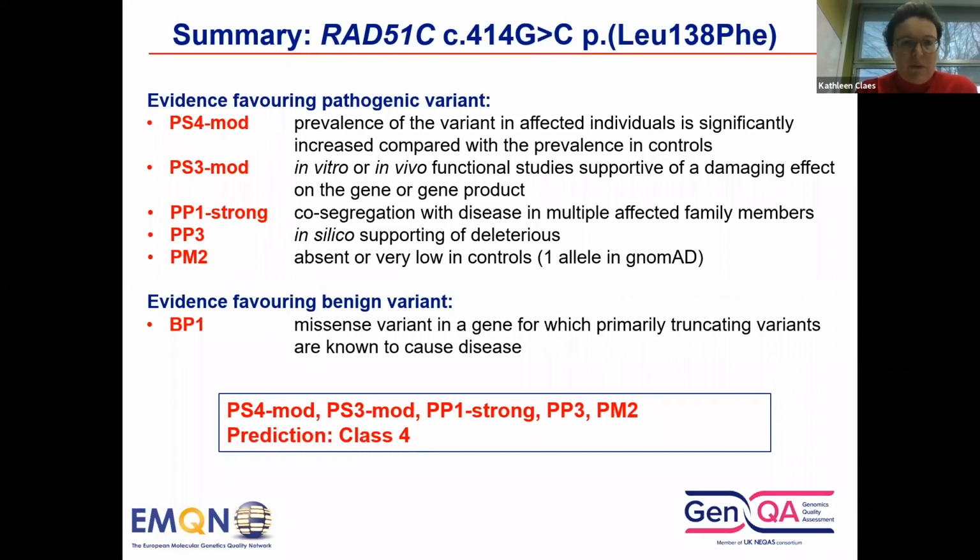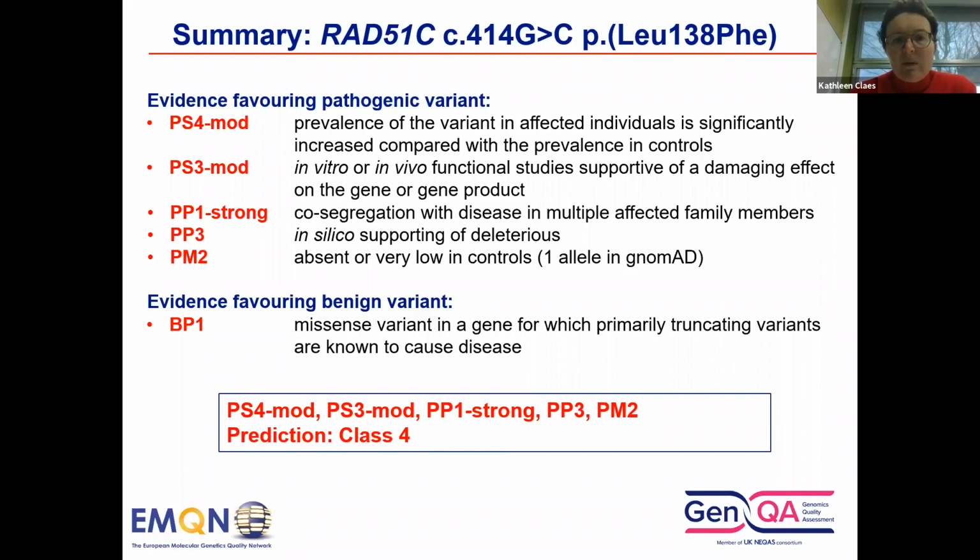This fulfills the criteria. For the functional assays, 3 labs published functional assays and showed a damaging effect. However, as they do not fulfill the criteria to make it a strong argument, I've put moderate, but some people might disagree on that.